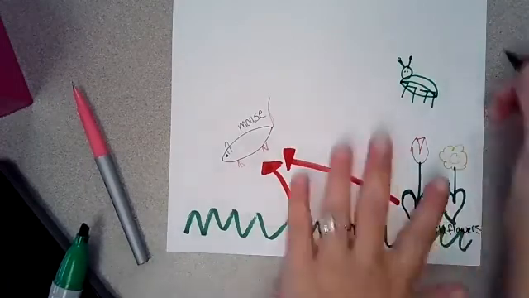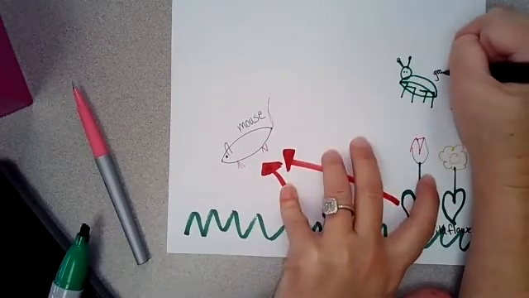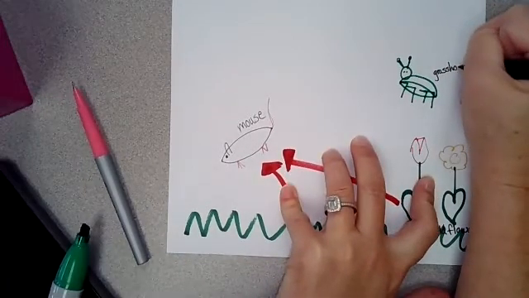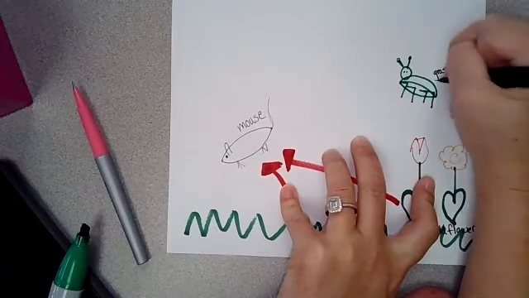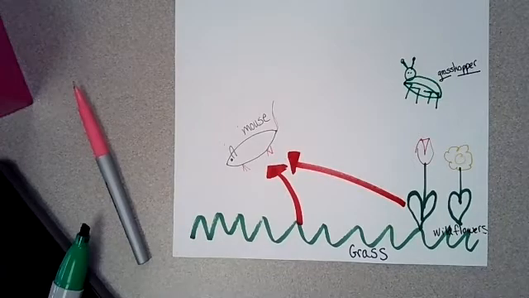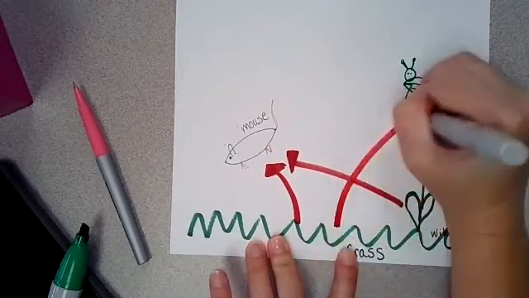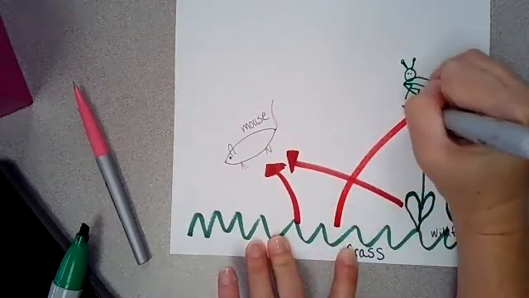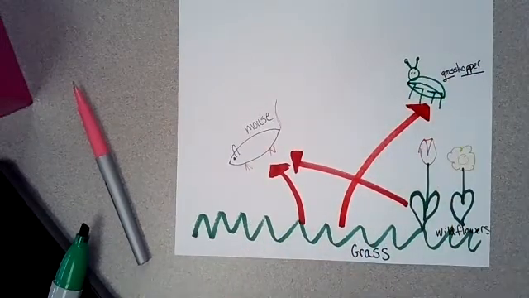Underneath it, I'm going to write grasshopper in case Miss Ross's drawings are so bad that you don't understand what this is. Now, the grasshopper eats the grass, so draw the grass going into the grasshopper, but the grasshopper doesn't care for the wildflowers.